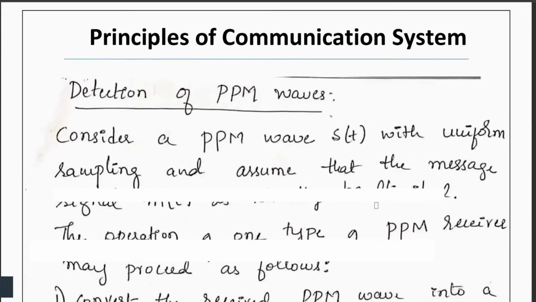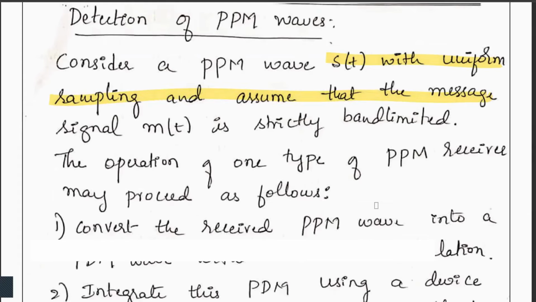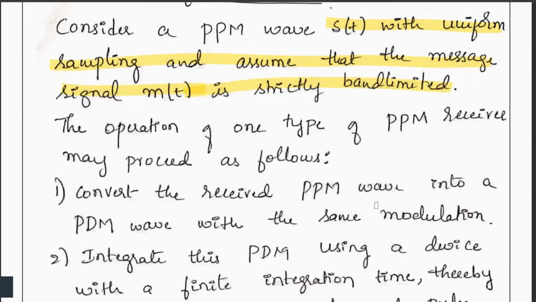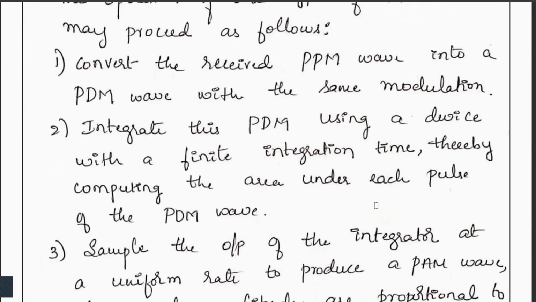So how can we detect this PPM? Consider a PPM wave, that is s of t, with uniform sampling, and assume the message signal m of t is strictly band limited. Now the operation of one type of PPM receiver may be as follows. Firstly, it converts the received PPM wave into the PDM wave with the same modulation.